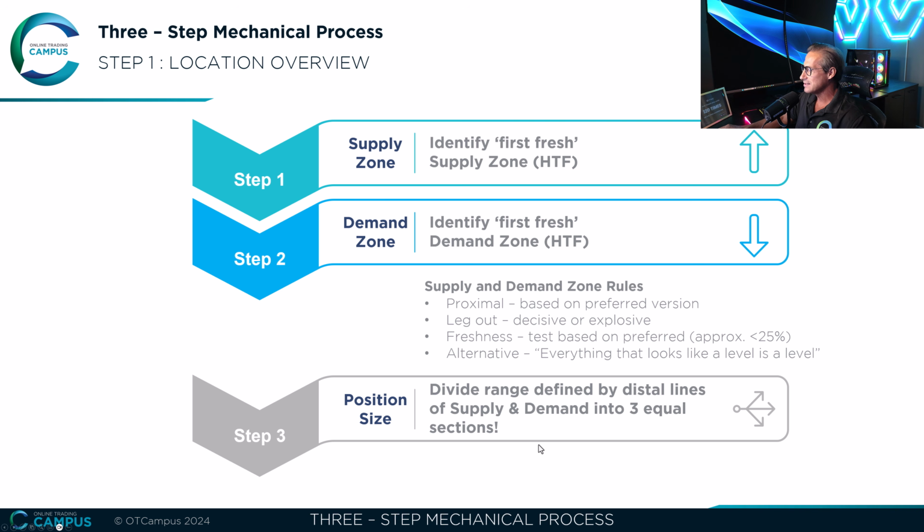If you divide that range into 3 equal sections, you see directly whether you are cheap on the location, whether you are expensive on the location, or whether you are basically in equilibrium.